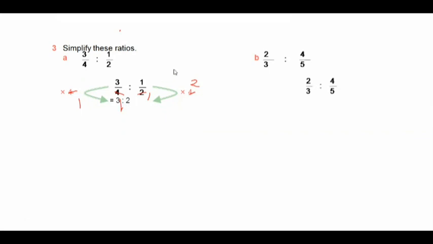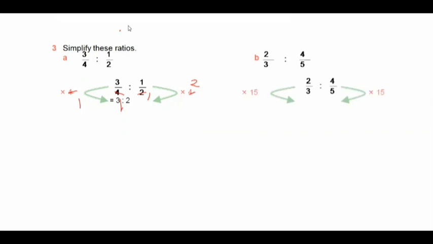Now, to simplify 2 upon 3 is to 4 upon 5, again we find the LCM of 3 and 5. Since they are prime, the LCM is 15. So we multiply each of the fractions by 15.